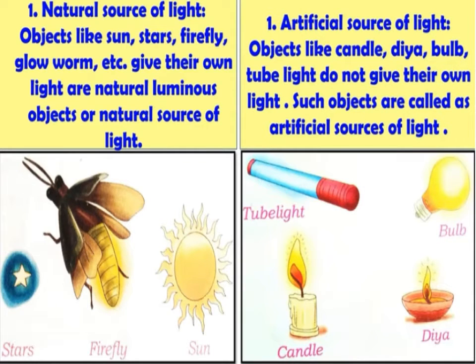Natural source of light: objects like sun, stars, firefly, glowworm, etc. give their own light, are natural luminous objects or natural source of light. Whereas artificial source of light, objects like candle, diya, bulb, tube light do not give their own light. Such objects are called as artificial sources of light.